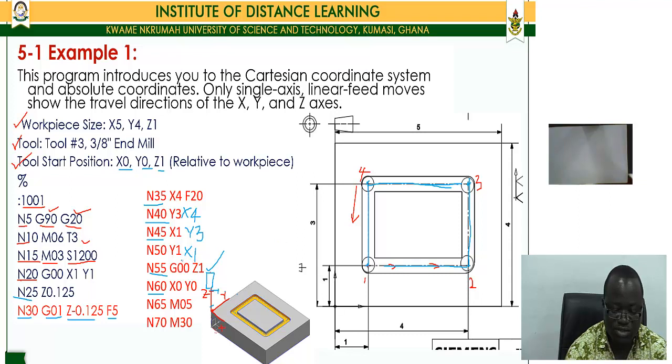So x0 y0 means at this point, if it goes to z1, it means x is 1, y is also 1. But when it comes here, then x will now change back to the home position, which is right on top of the z, which is x0 y0 and then z1.